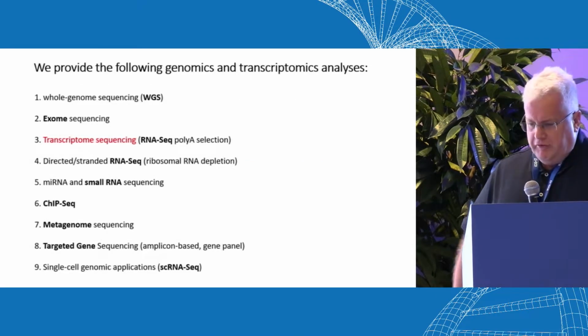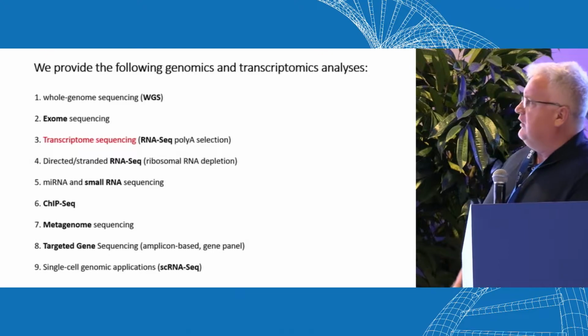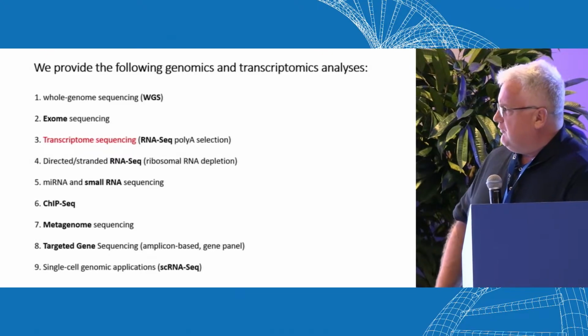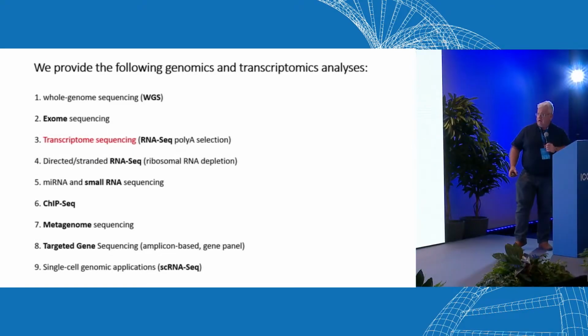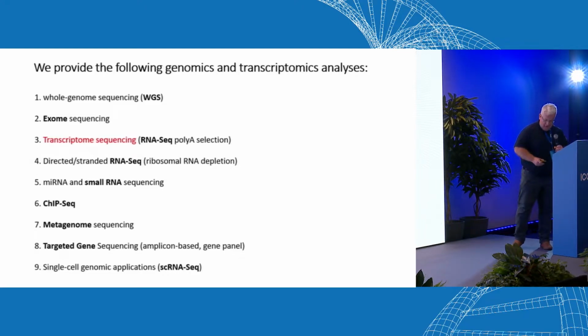So we provide various genomics and transcriptomic analysis, including whole genome sequencing, exome sequencing, and transcriptomic analysis, and various epigenome-related methods. Today, I will focus on the transcriptome sequencing, and very shortly, I will talk about the single-cell analysis.